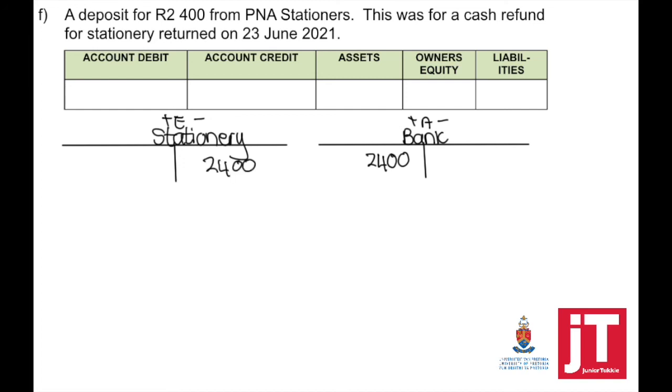This was for a cash refund for stationery that was returned. On my accounting equation, account debited, bank, account credited, stationery. Effect on the accounting equation, assets plus, because my expense decreased, it has a positive effect on the owner's equity.